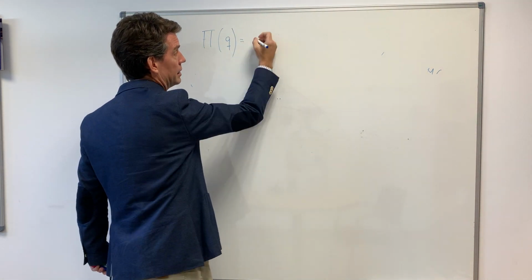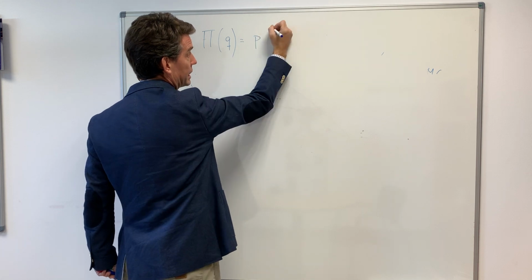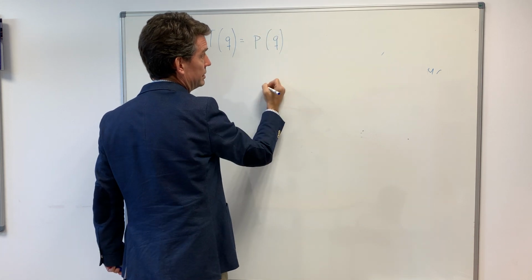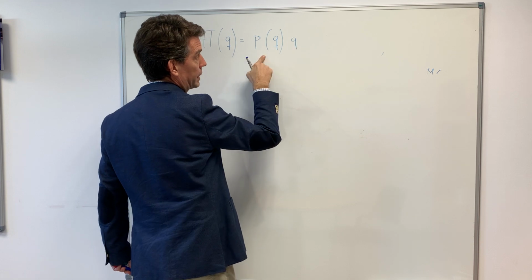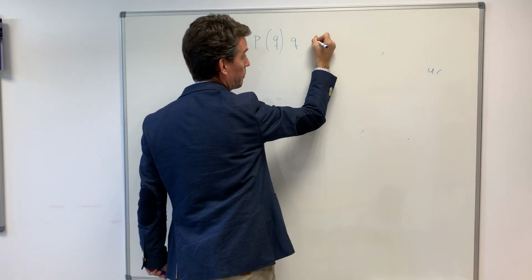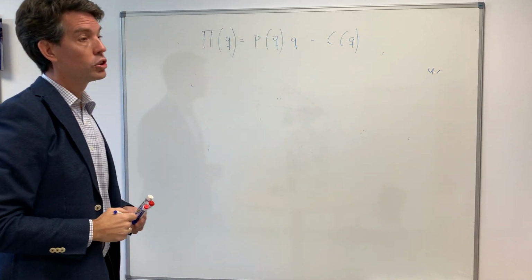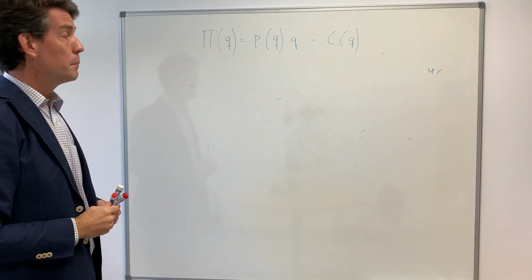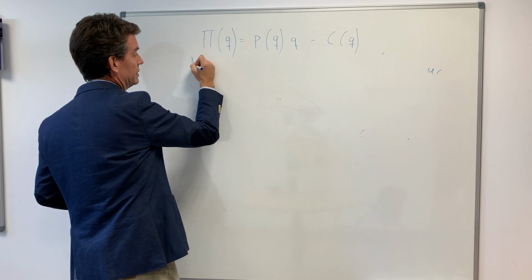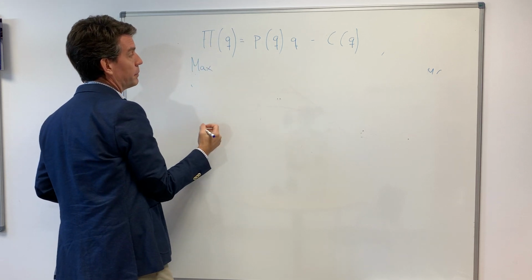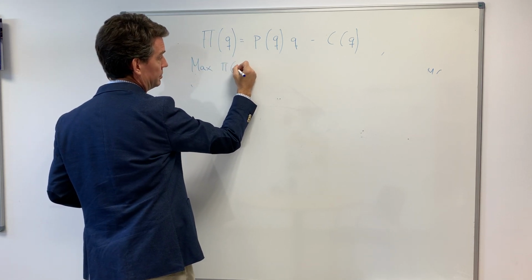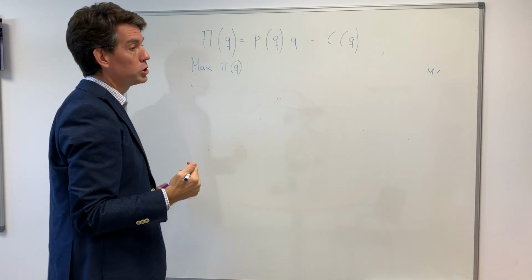Your profits are the demand function, so that's the price depending on the quantity, multiplied by the quantity, price times quantity, this is revenue, minus your cost. Right? Okay?